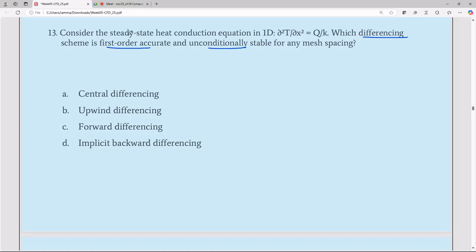So the question here is, for solving the one-dimensional heat equation, which among the following options will be first order accurate and unconditionally stable? Options are: option A, central differencing; option B, upwind differencing; option C, forward differencing; option D, implicit backward differencing. You can try to answer the question. You can inbox your answers.